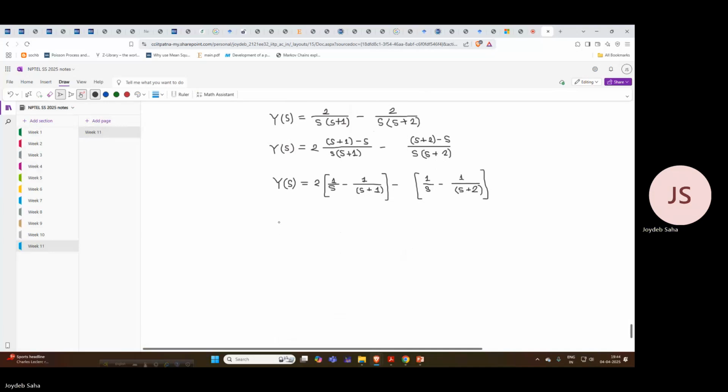Okay, so now Y of s is equal to 2 divided by s minus 2 into s plus 1 minus 1 upon s plus 1 upon s plus 2.